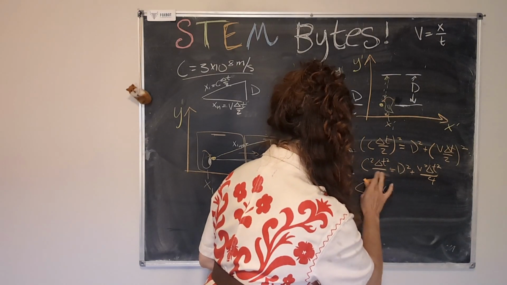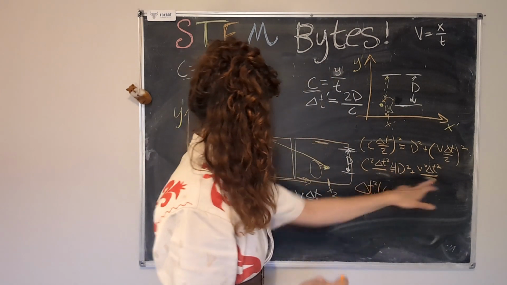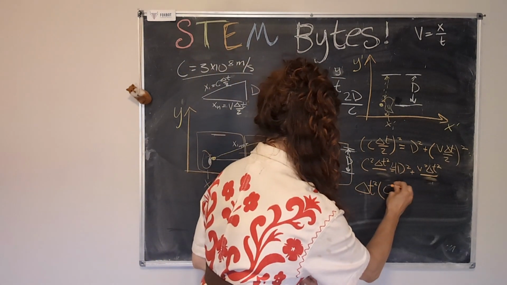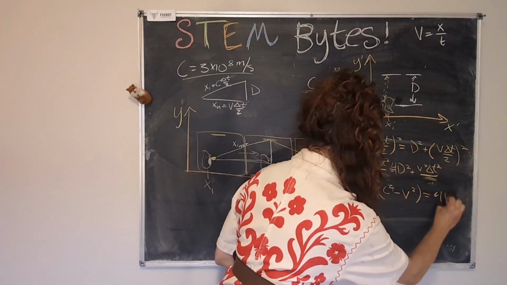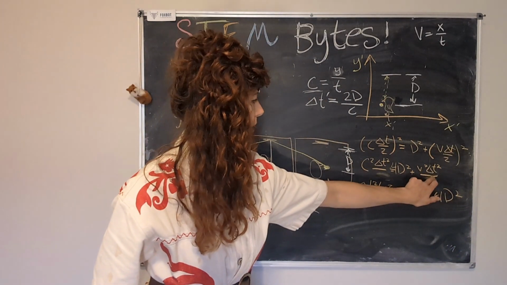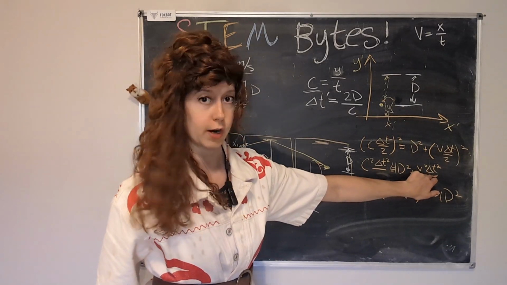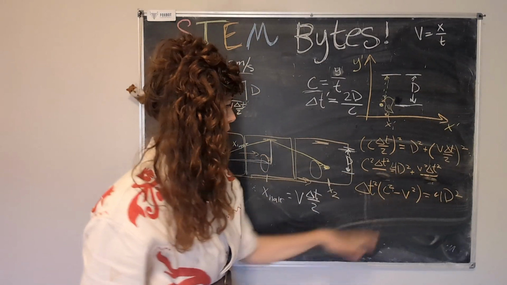Actually, let's multiply by 4 first. So we multiply everything by 4, and we get 4d squared, and then we move them over. So we get c squared minus v squared, times delta t squared, equals 4d squared. All I did was multiply by 4 to get rid of the fractions, and then subtract from both sides, so I moved them over.